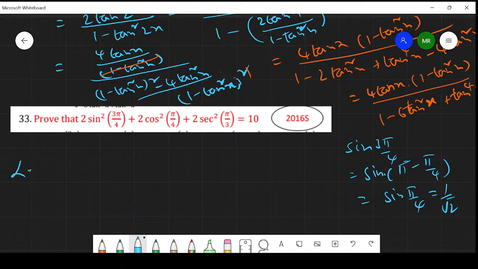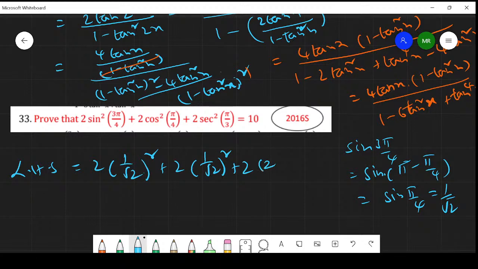Sine pi by 4 we know is 1 by root 2. So LHS, the left hand side, is 2 into sine 3 pi by 4, which is (1 by root 2) whole square, plus 2 into cos pi by 4, cos 45 being (1 by root 2) whole square. The given 2 into secant square pi by 3: secant 60 will be 2, so it will come 2 square.